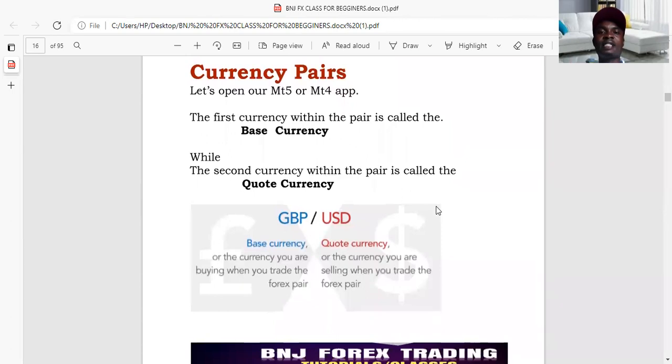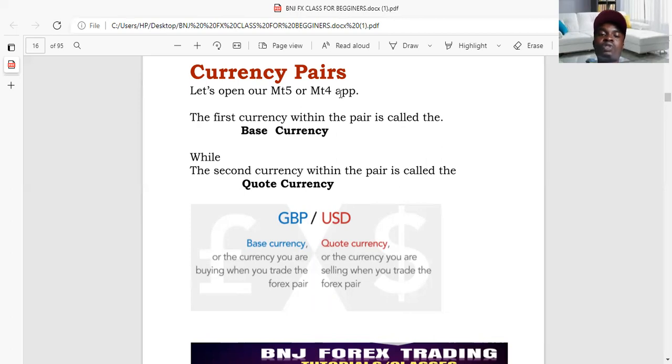Okay. Let's see currency pairs. For those of you who have MT5 or MT4, if you don't have, you can download MT5 or MT4 in your app to see how currency pairs look.